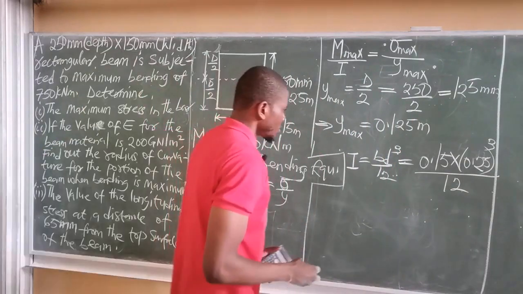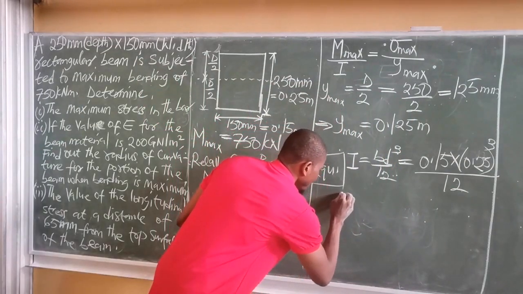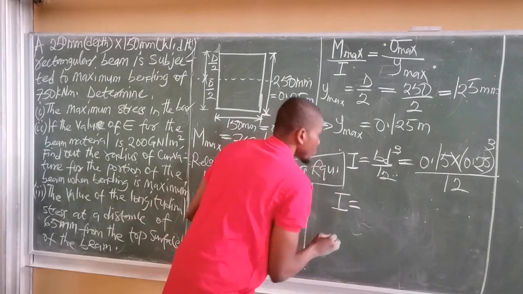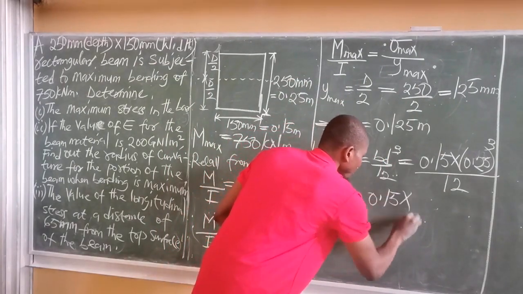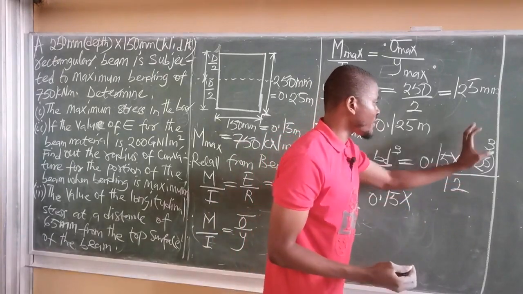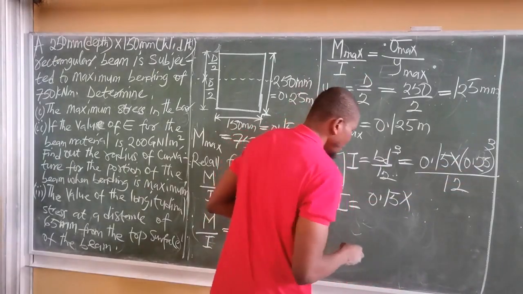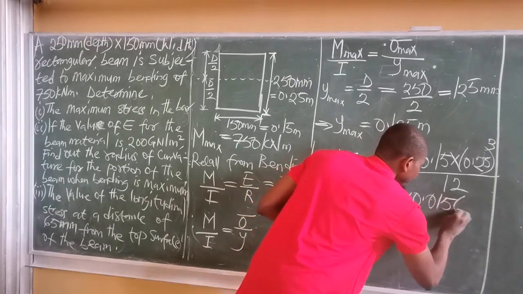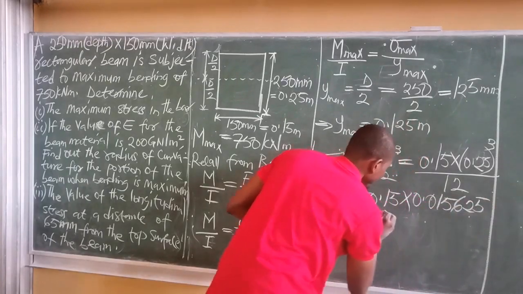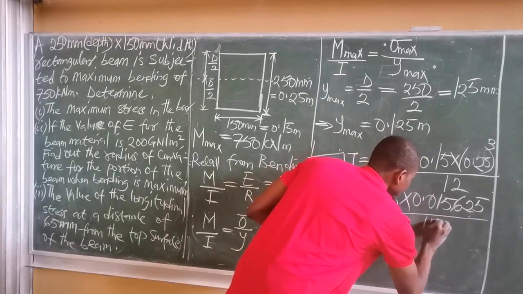So moment of inertia I is now equal to 0.15 multiplied by 0.25 to the power of 3, that gives us 0.015625 all over 12.